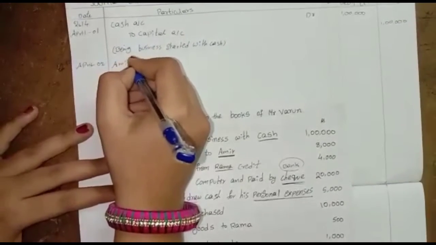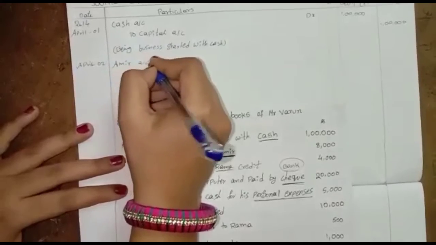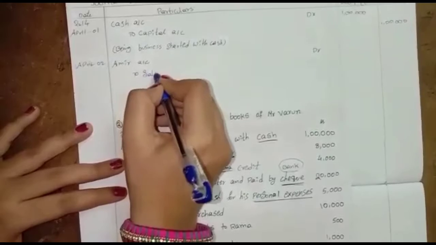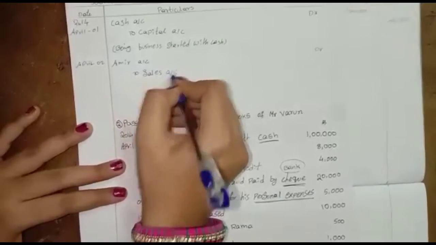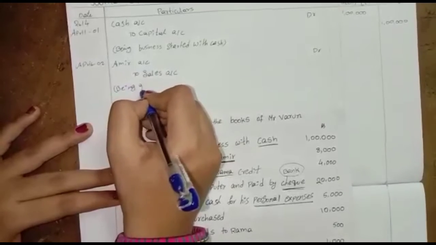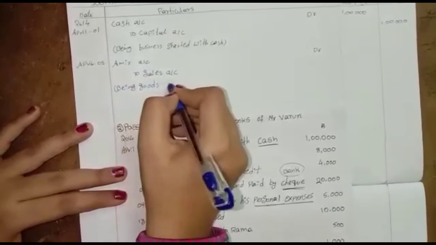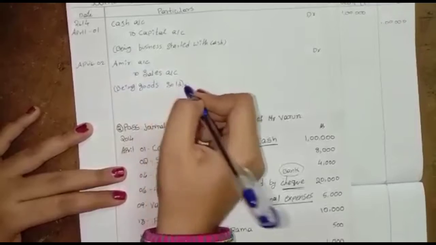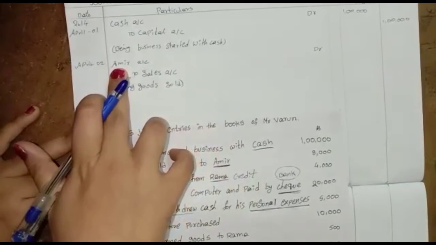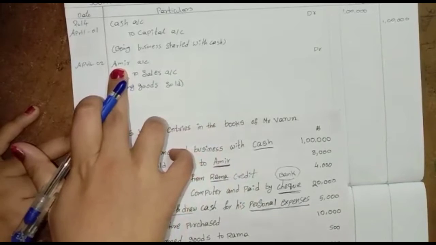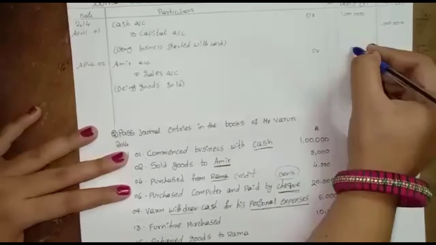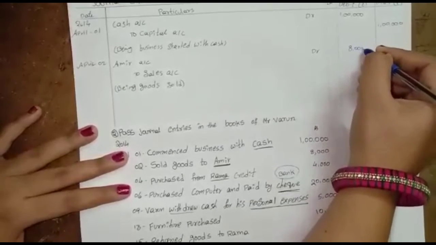Amir account debtor to sales account. The narration is being goods sold. If cash had been transacted, instead of Amir account we would write cash account. Here there is no cash transaction. The amount is 8,000.